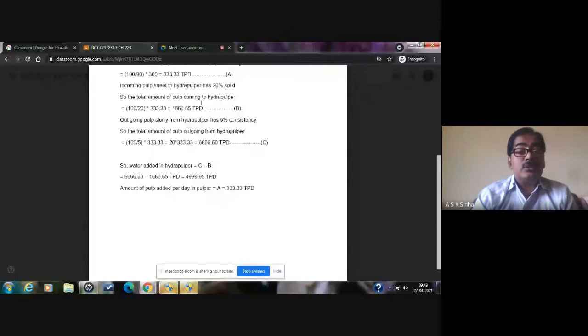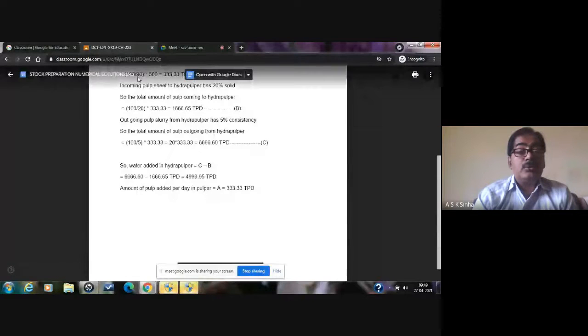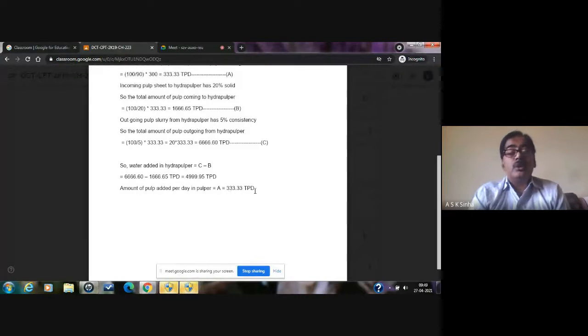That means nearly 5,000 cubic meters of water will be required for dilution in the Hydra pulper. And that's why the paper industry is considered a highly water intensive, or water consuming, industry.